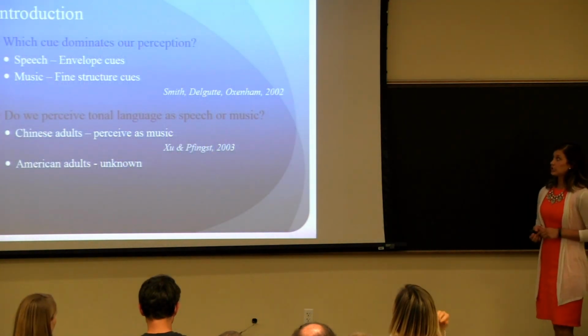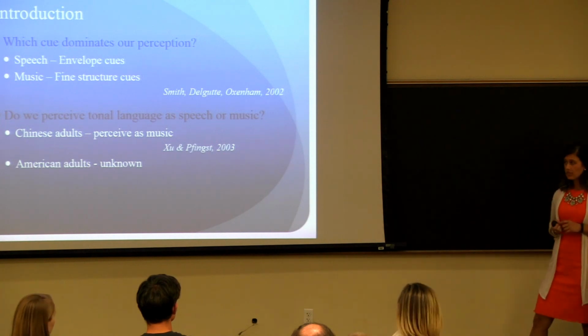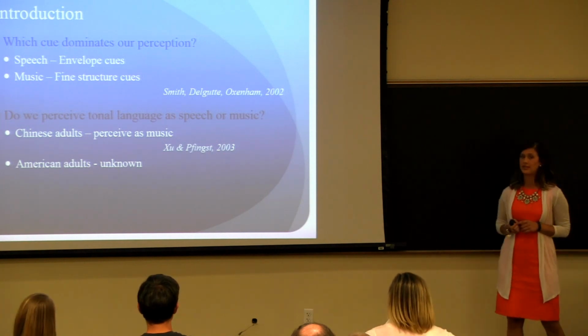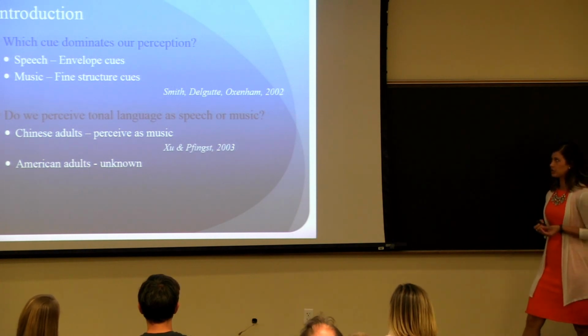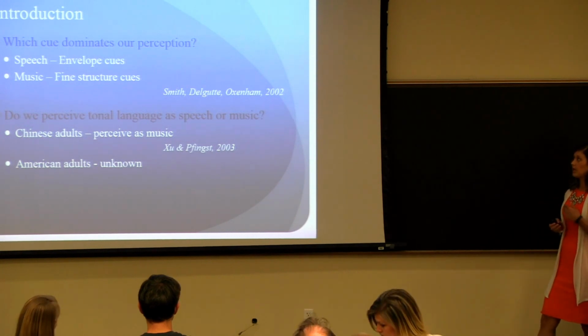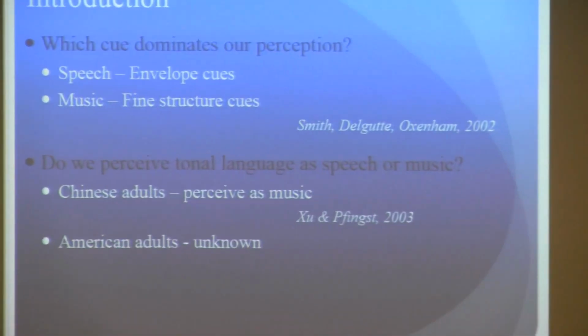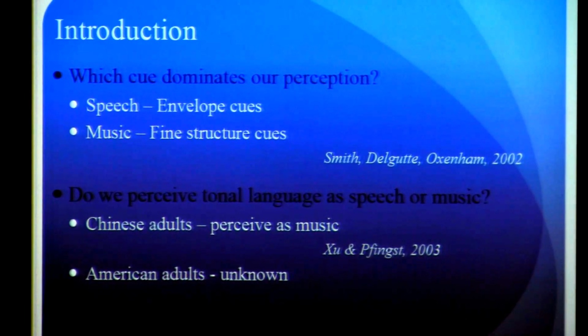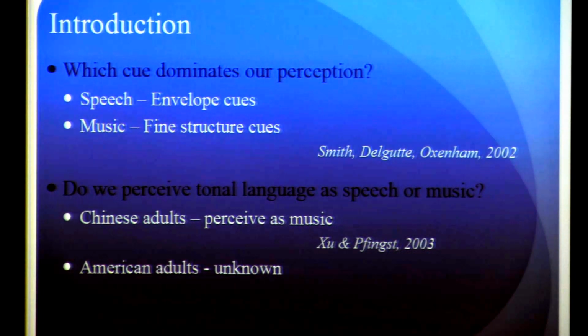So by using speech-to-speech chimeras that interchange two different speech signals, in 2002, Nature found that the envelope, that outer portion, dominated a listener's perception. They also found that as the number of filter banks representing the envelope information increased, it became more critical. On the contrary, when they used melody-to-melody chimeras that interchanged two different melodies in the fine structure and the envelope, they saw the opposite effect.